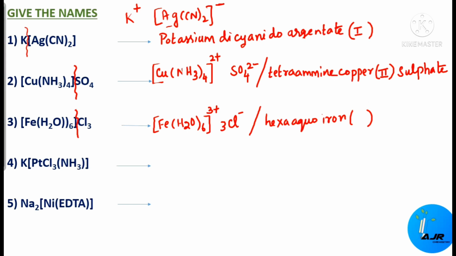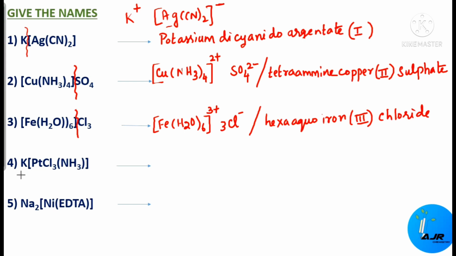Okay, chloride. Now find out the oxidation state. X plus 6 into, what's this? It's a neutral ligand. So 0 is equal to plus 3. Understood? So X is equal to plus 3. Okay. So the oxidation number of this iron is plus 3. Okay. So this is the name of the compound.